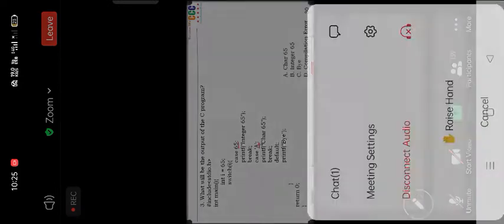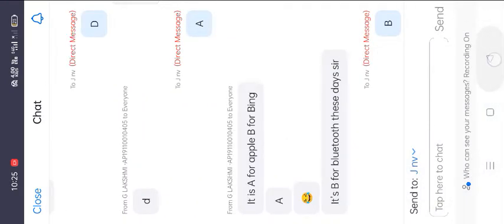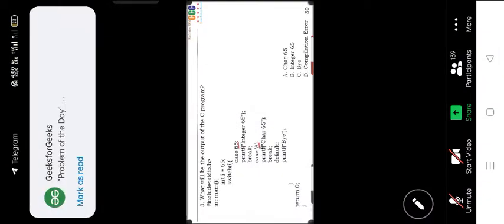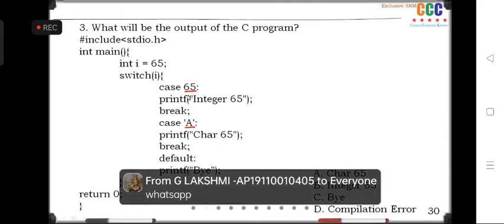So here I have used case 65. Here I have used a character. Okay. Yes, and then W for Wi-Fi. WhatsApp, yeah, excellent.